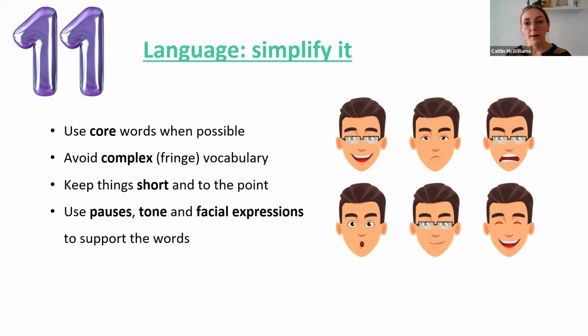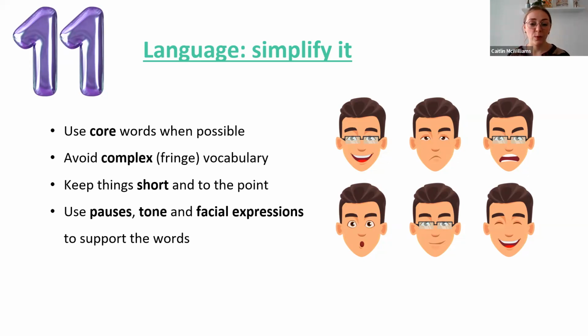Fringe vocabulary is the part that makes it meaningful for specific topics or areas. For example, if we're talking about the Romans in school, your fringe vocab might be tunic and sword and Colosseum. Really crucial words to be talking about the Romans, but you're not going to be using that kind of vocab most of the time in your everyday life.